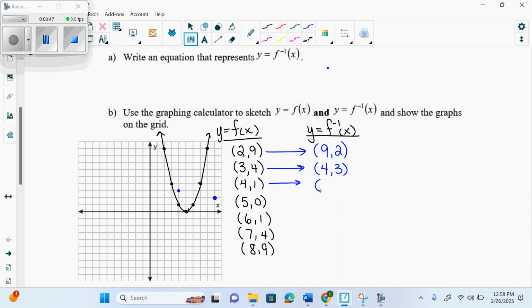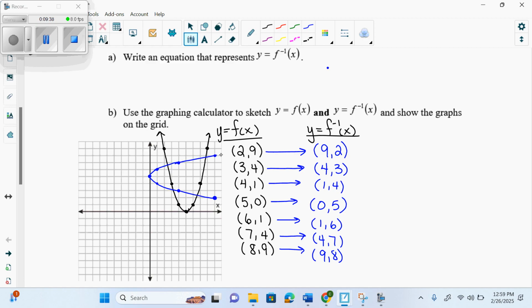And 4, 1 is going to become 1, 4. 5, 0 is going to become 0, 5. 6, 1 is going to become 1, 6. 7, 4 is going to become 4, 7. 8, 9 is going to become 9, 8. And then you have arrows on the end.